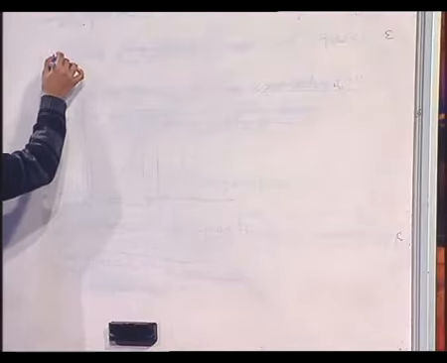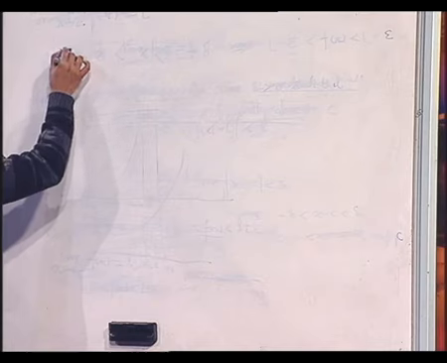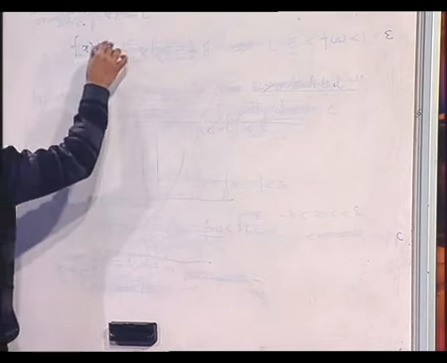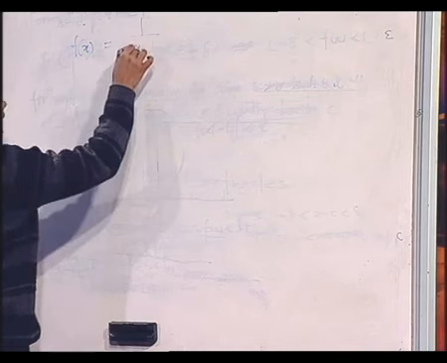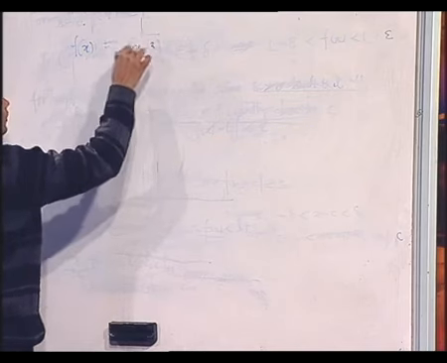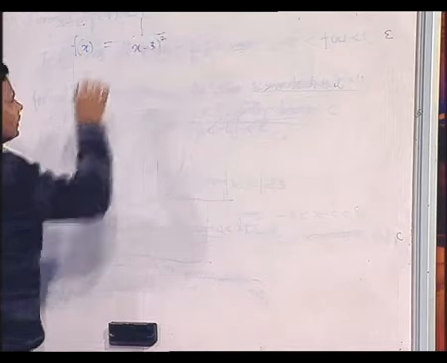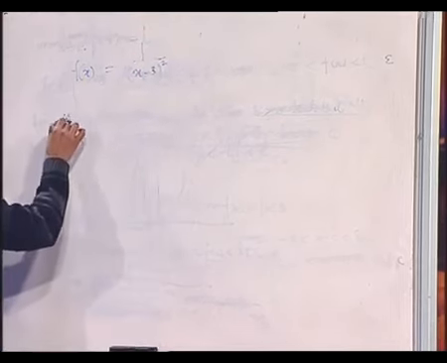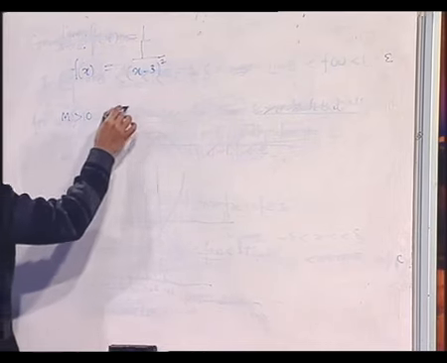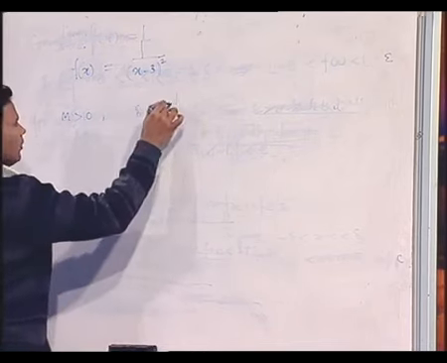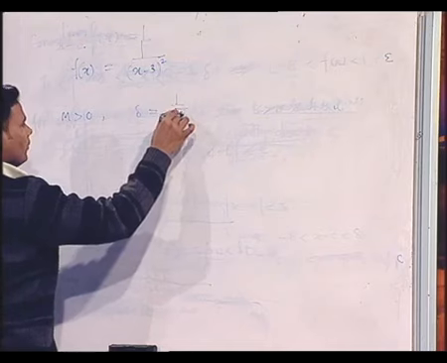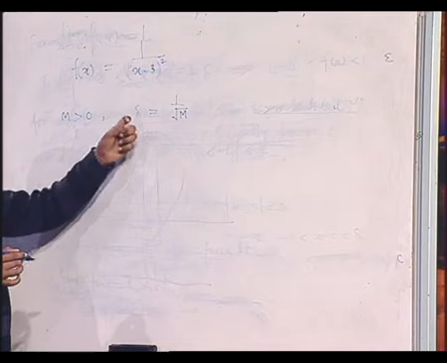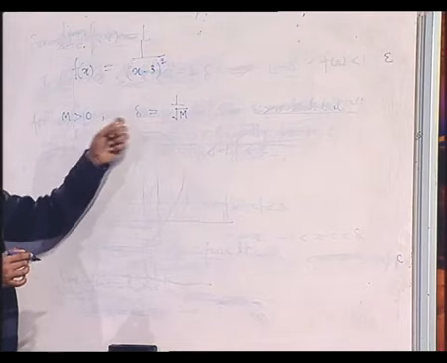We have the function f(x) equals 1 upon (x - 3) whole square, and given m greater than 0, we have found delta equal to 1 upon square root m. Let us verify whether this delta actually satisfies the condition or not.